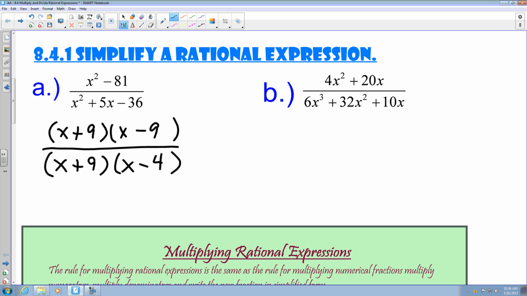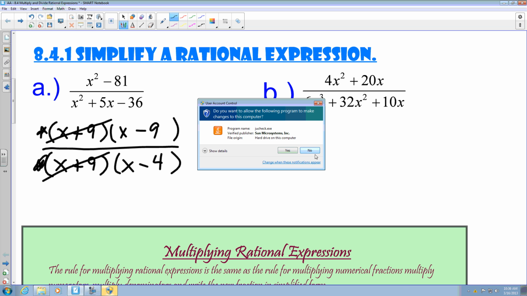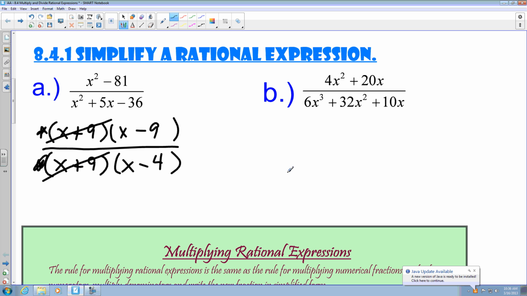So now I have an x plus 9 in the numerator and an x plus 9 in the denominator. Both are enclosed in parentheses, so I can cross those out because that gives me 1. Whatever number x is, like if x was 1, I would have 10 divided by 10, which makes 1.